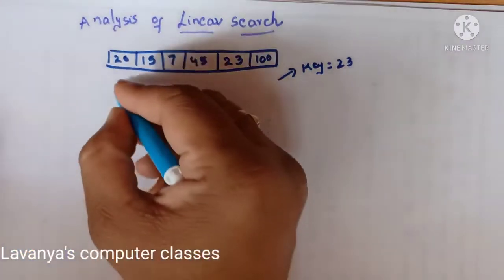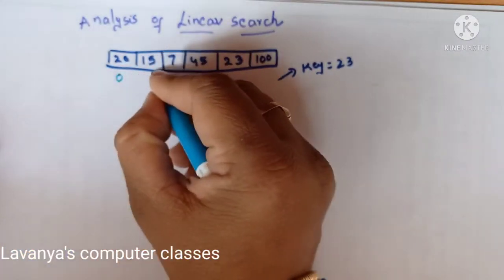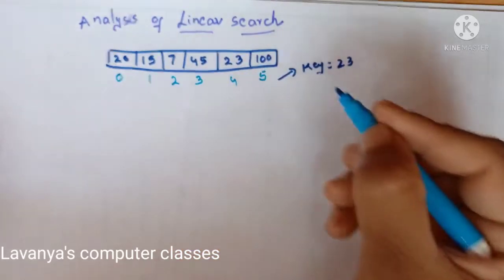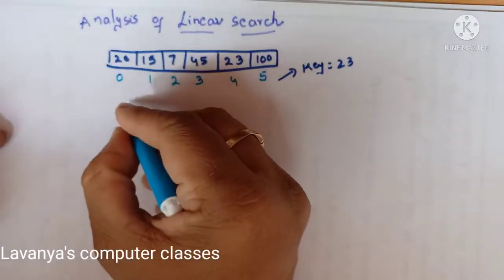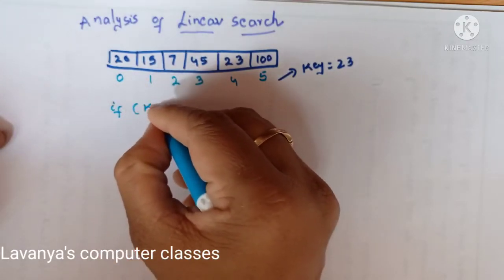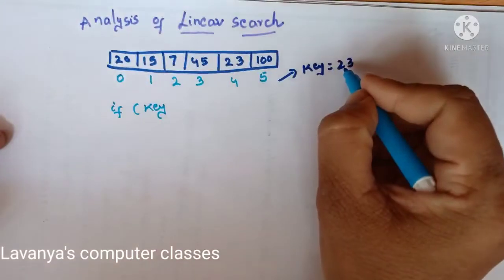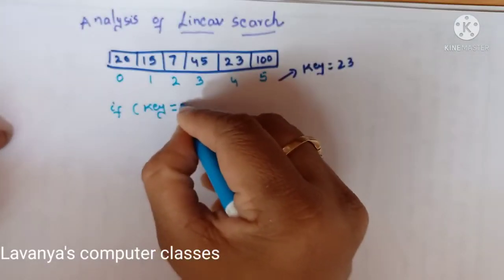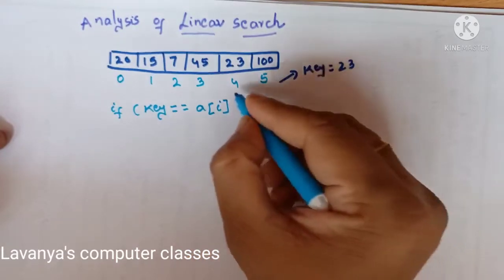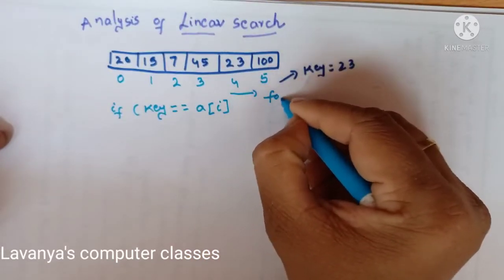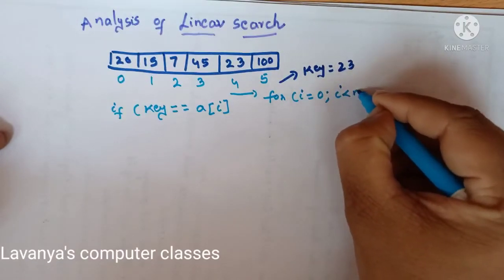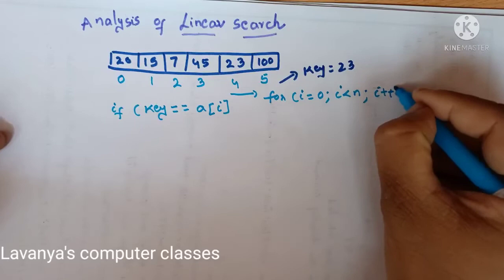So how can you search the element? This is the array of elements. The indices start from 0, 1, 2, 3, 4, 5. Totally 6 elements are there. So what is the algorithm for finding an element in this? What is the key element? The key element is 23. For i equal to 0, i less than n, i plus plus, this is the loop.